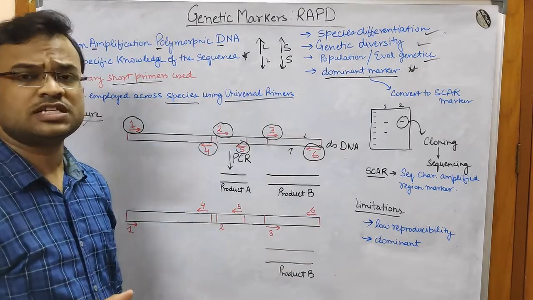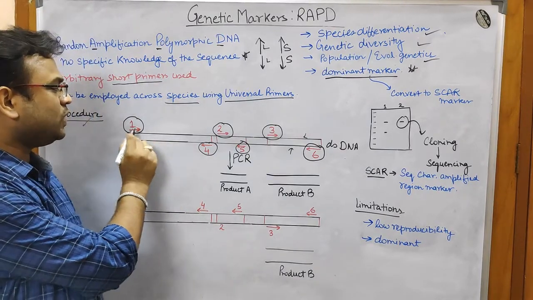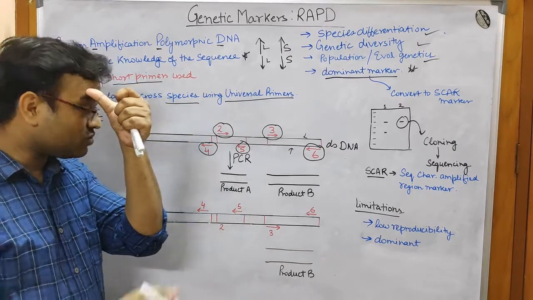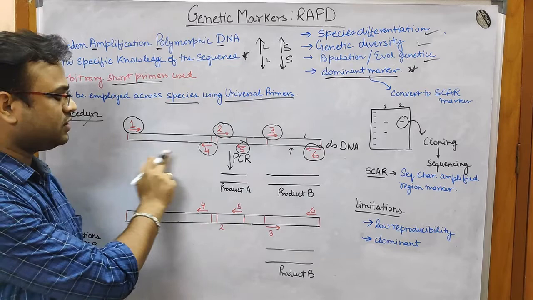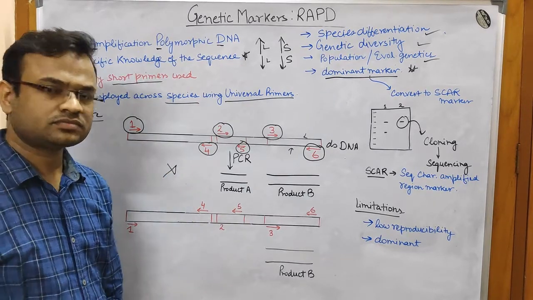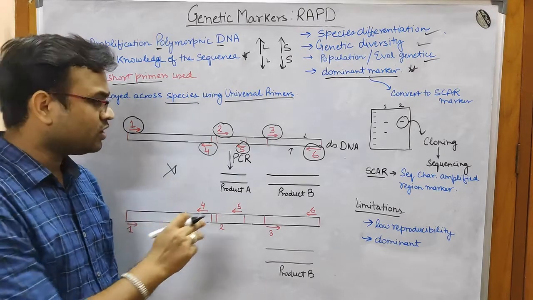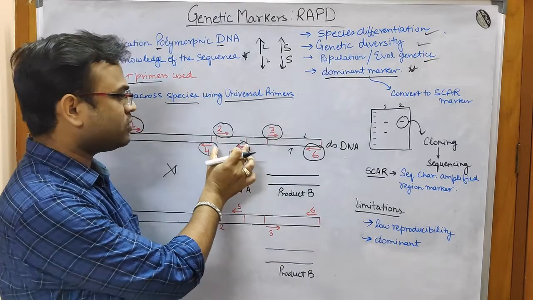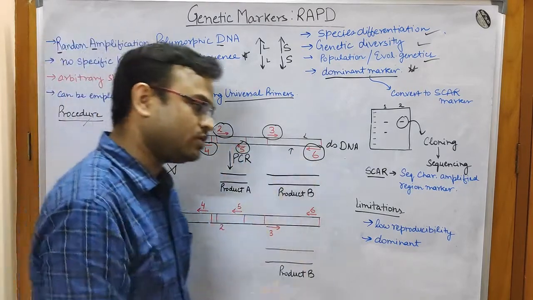The answer is because the region between 1 and 4 is pretty long. So the Taq polymerase could not amplify this region and you did not get a product over here, right? So you have got product A and product B, corresponding to these two regions.